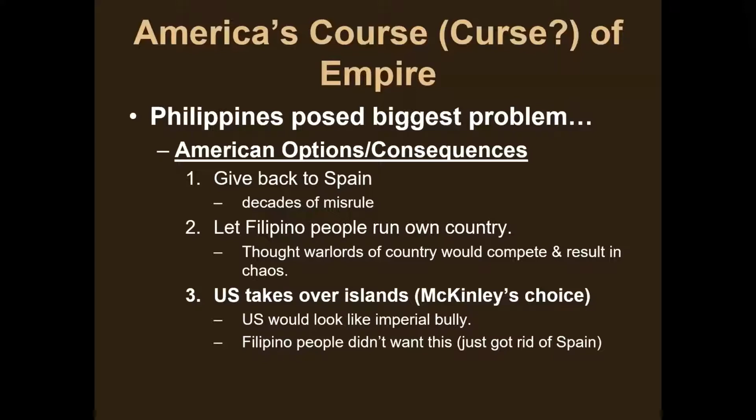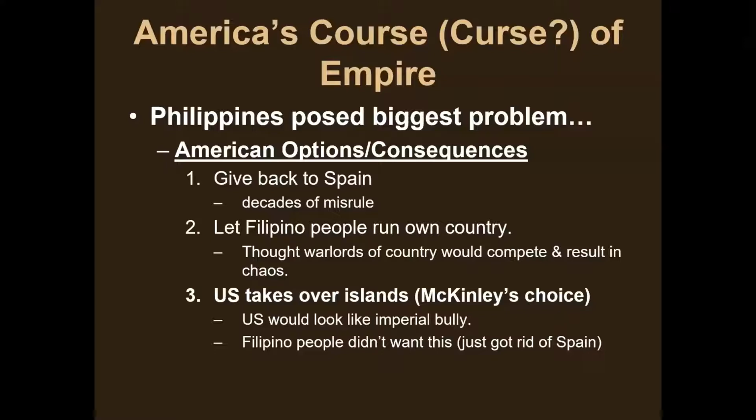And so the textbook outlines 3 different options. One is to simply give back the Philippines to Spain, which doesn't make much sense because the Philippines had been misrun by Spain for decades before, and we just got the Philippines from Spain.